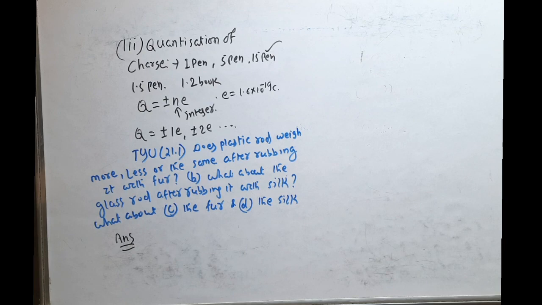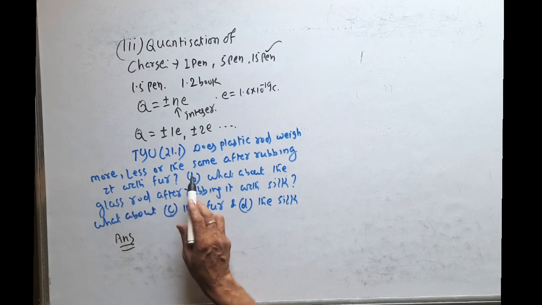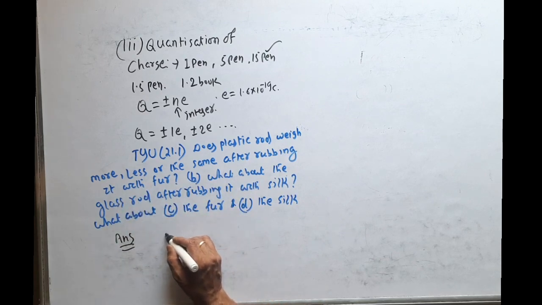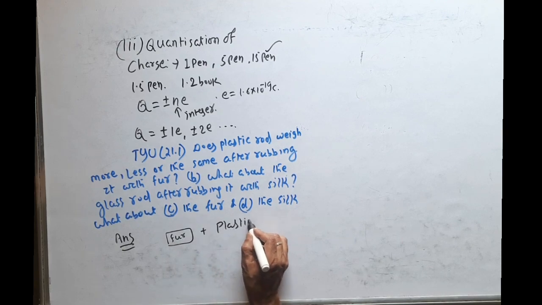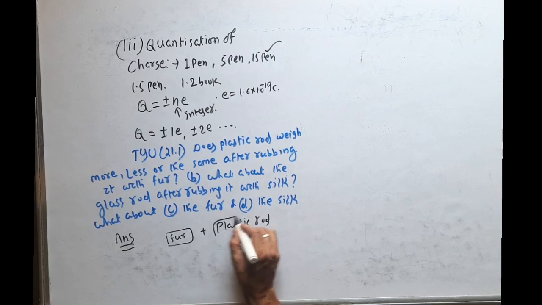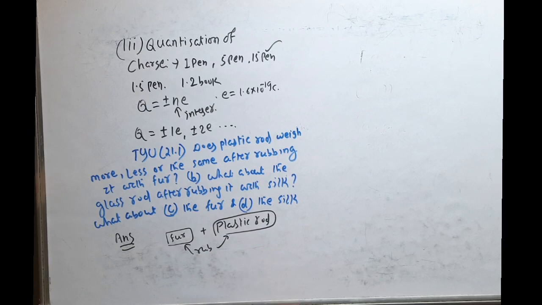Okay. So now let us solve the problem. First question: does the plastic rod weigh more, less or the same after rubbing with fur? Suppose this is your fur, and this is your plastic rod. If you rub the fur and the plastic rod, what will happen?